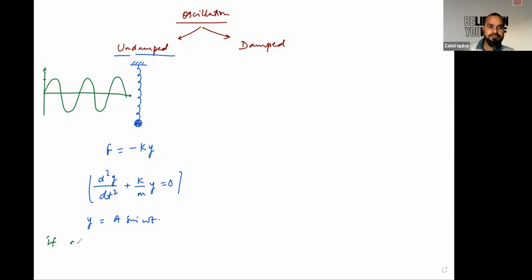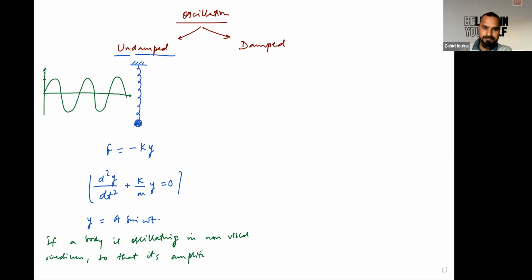If a body is oscillating in a non-viscous medium, so that its amplitude remains the same, that is called undamped oscillation.